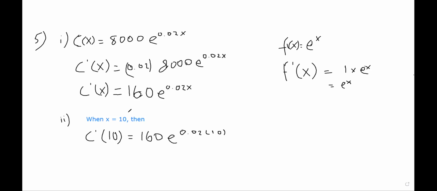So C prime of 10 is equal to 195.42. That is our C prime when x is equal to 10. Again, no tricks.